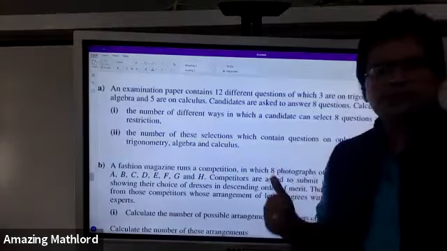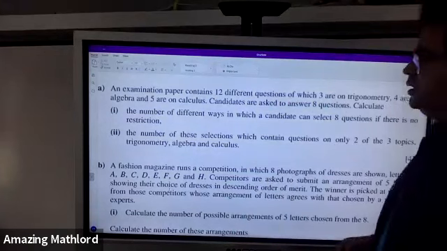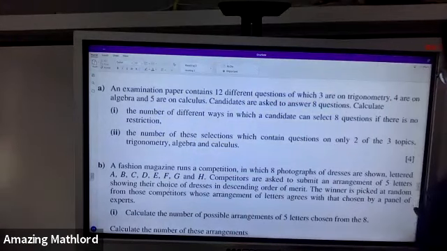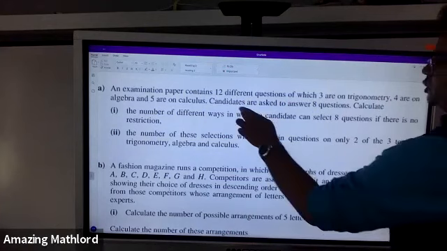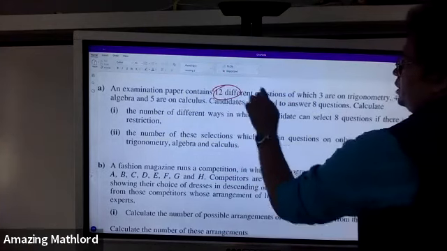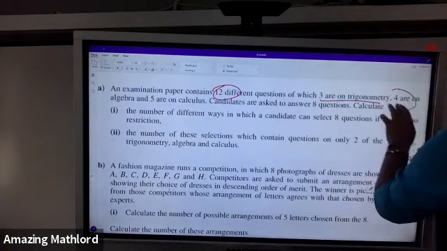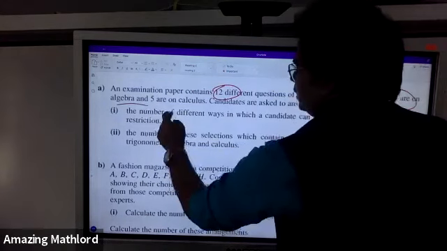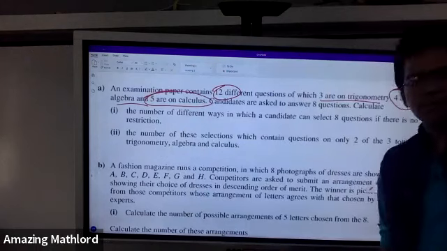Now we have the next question. An examination paper contains 12 different questions, out of which 3 are on trigonometry, 4 are on algebra, and 5 are on calculus.